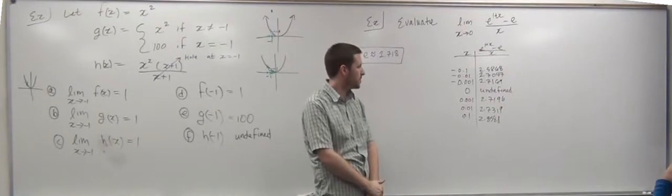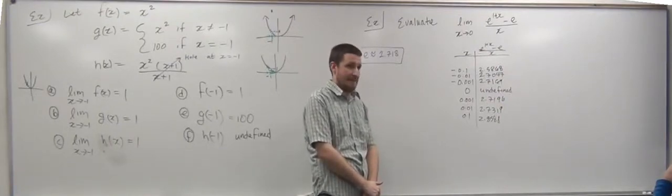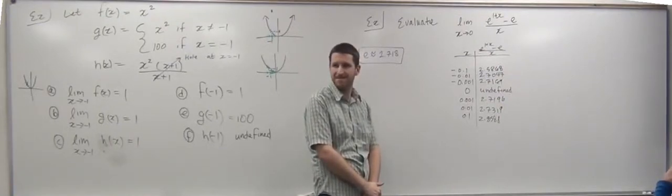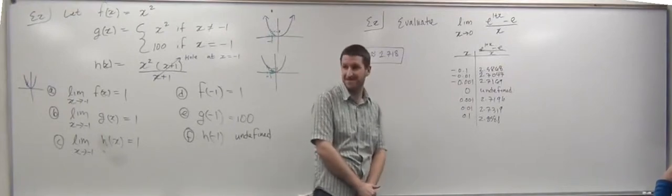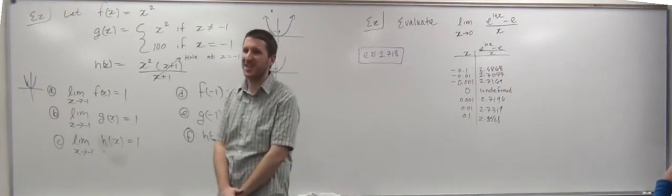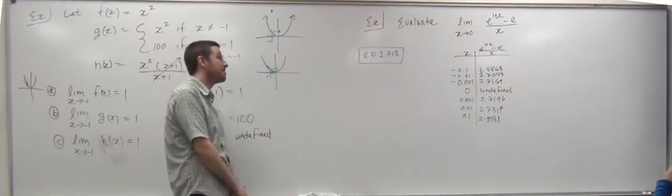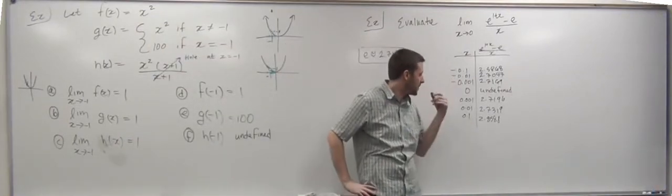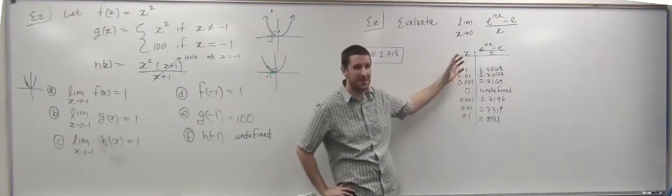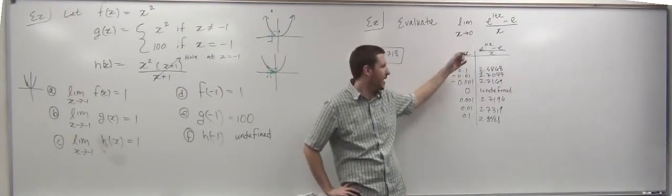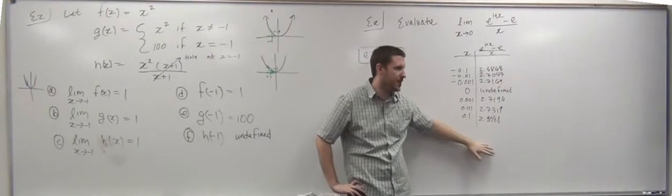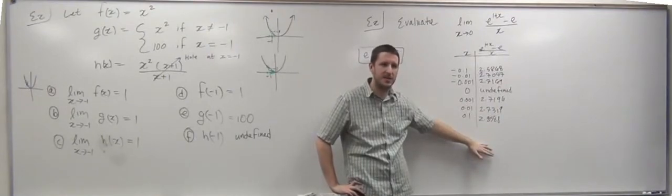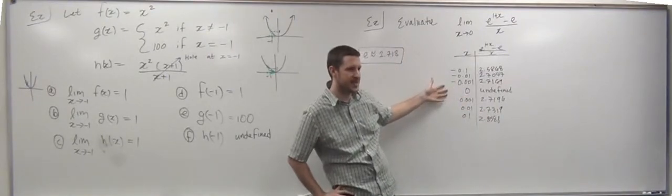So my question is, what do you think this approaches? 2.7, e. Approaches e. Right, so I picked this because this is a really difficult limit to evaluate. Okay? And even with the table method, it leaves something to be desired because you can't see this is going to e exactly.